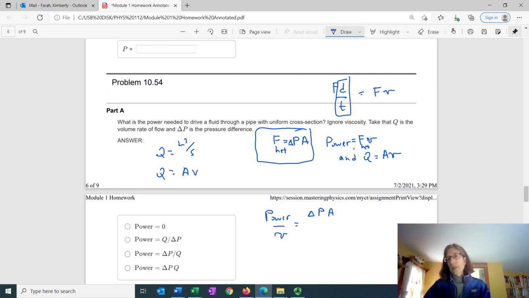So if you look at this equation that says that the power is equal to the net force times the velocity, and Q is equal to A times V, you should be able to come up with an expression to determine the power needed to drive a fluid through that pipe.